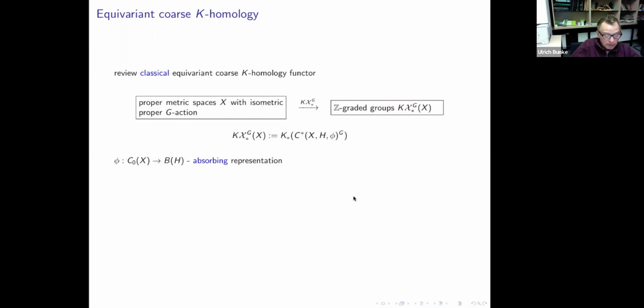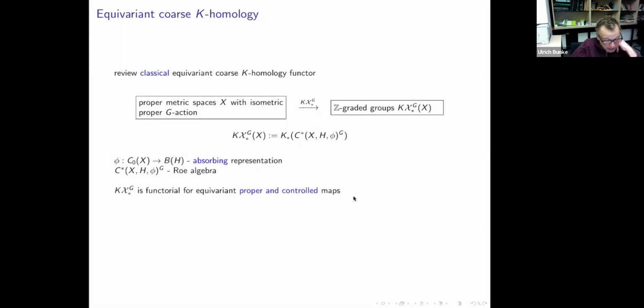So essentially every other choice is a direct summand in this thing. And this C*(X,H,phi)^G is a Roe algebra. So it's generated by bounded operators on H, which are G-invariant, locally compact, and have finite propagation. And these notions are defined using these representations. So this is the usual definition.